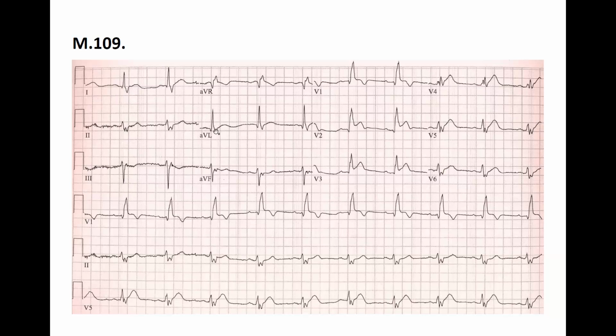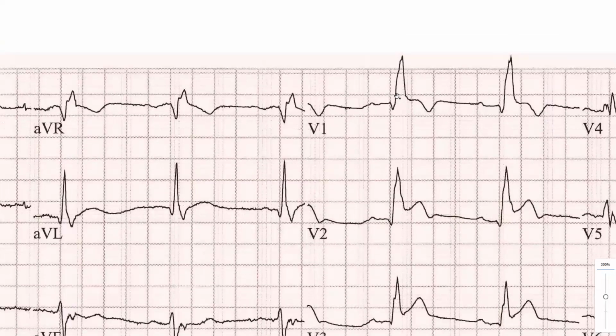In aVL you do see one, but it's not deep, and only in aVL. You don't see it in V5, V6, so it's no lateral for sure. If you get closer to V1, you see a little initial R here. In V2, it can be a QS wave because I do not see any initial part, and this is not pathological for sure. So I do not think we have a pathological Q wave.